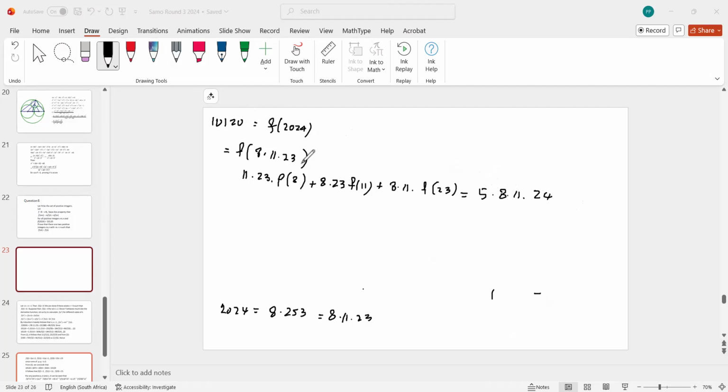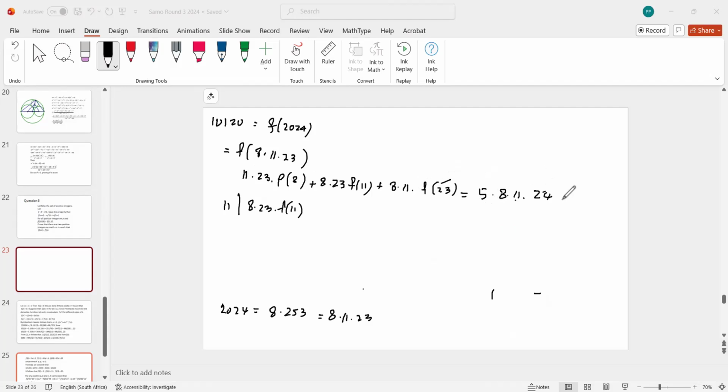Now watch. You see, 11 goes exactly into this. It goes exactly into this. And it goes exactly into this. Therefore, 11 is a factor of 8 times 23 times f of 11. See, the reason is this is 11x, this is 11y, and this is 11z.